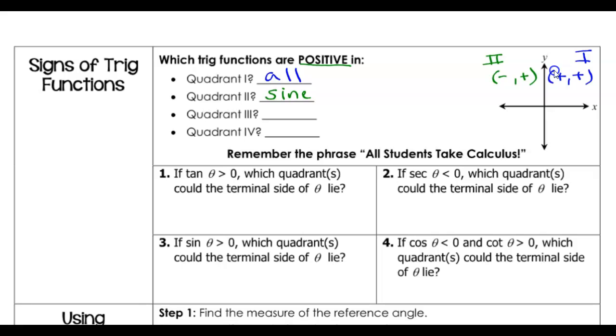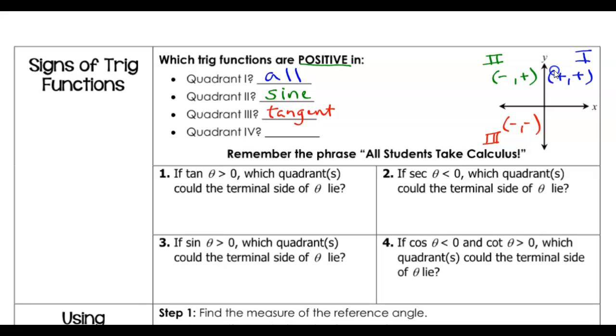Now if we go down to quadrant 3, if you recall, this is where both the x and the y are negative coordinates, which means that both sine and cosine are going to be negative. But it turns out that when you divide to find the tangent ratio and you take a negative divided by a negative, that ends up being positive.